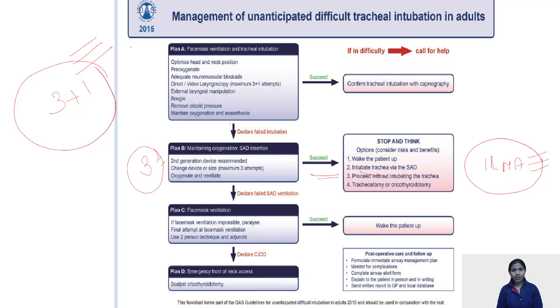If you fail to insert a SAD, go for face mask ventilation. That is the only rescue you have in order to oxygenate the patient. And if plan C also fails, you cannot intubate, you cannot oxygenate the patient, go for emergency front of neck access. That is your cricothyrotomy or your tracheostomy.